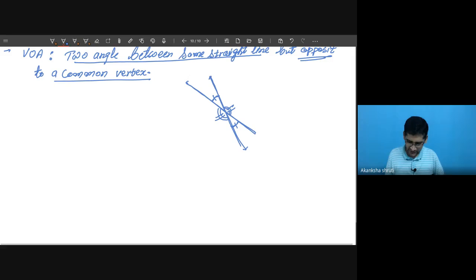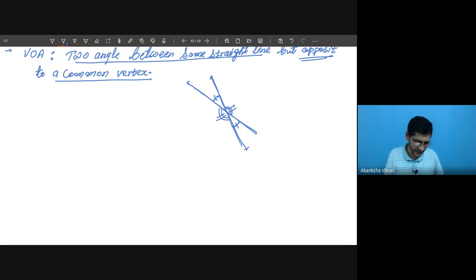Now the question is, prove that vertically opposite angles are equal. So that is a theorem also. In geometry, we have to prove this in the form of a theorem.